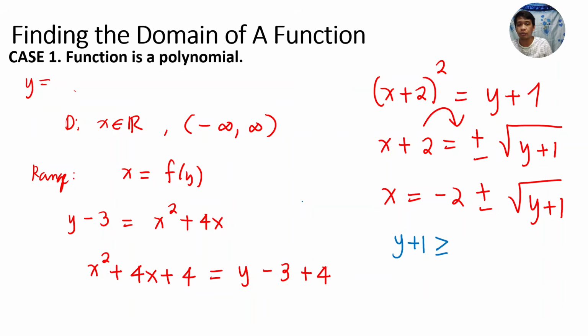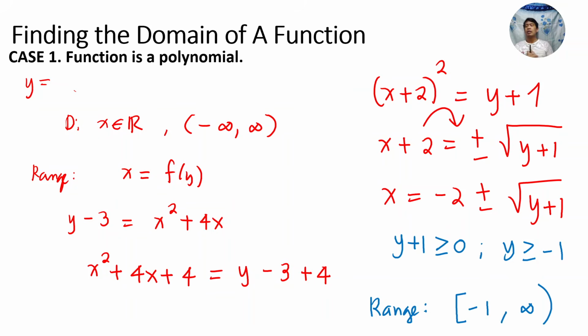So, therefore, y must be greater than equal to negative 1. So, therefore, ang range natin must be greater than equal to negative 1 up to infinity. So, yan ang ating magiging range dyan sa ating given polynomial dyan.